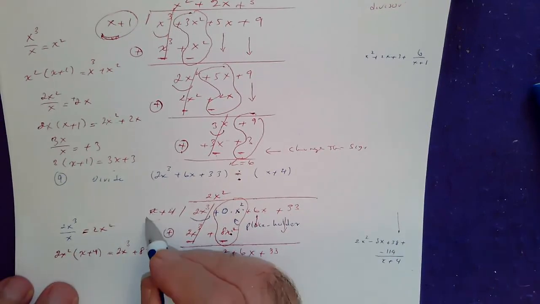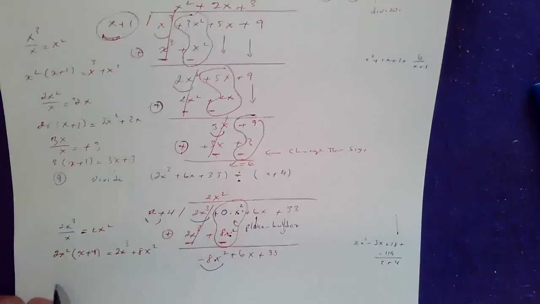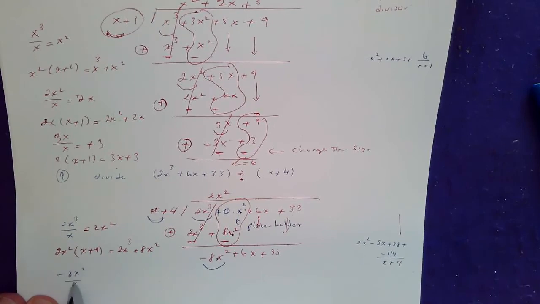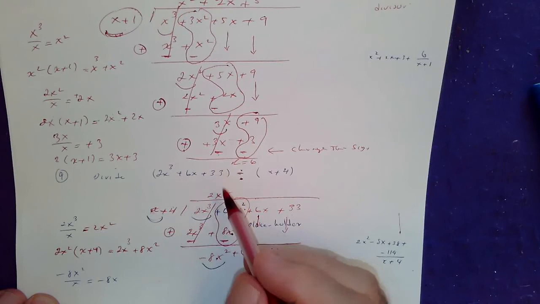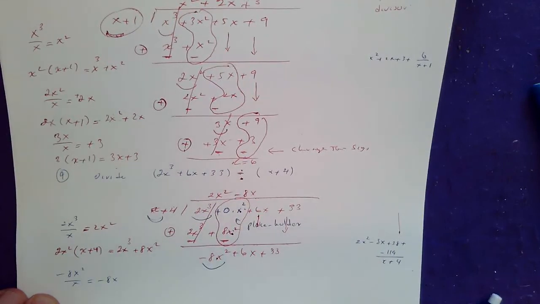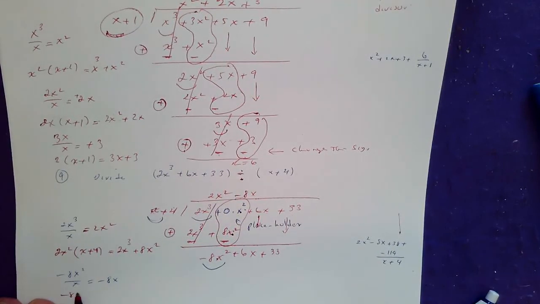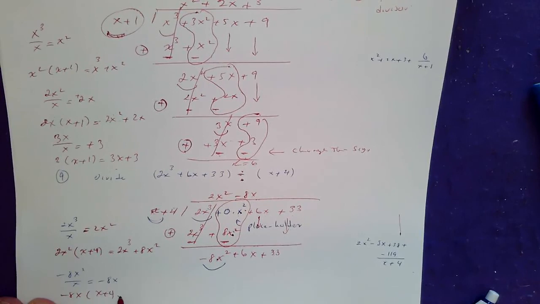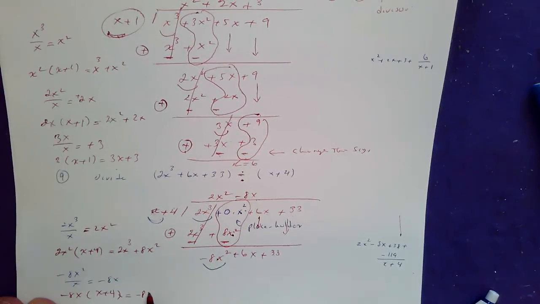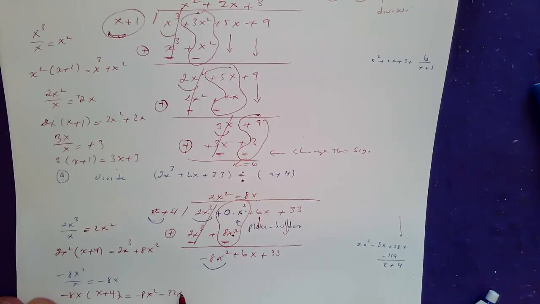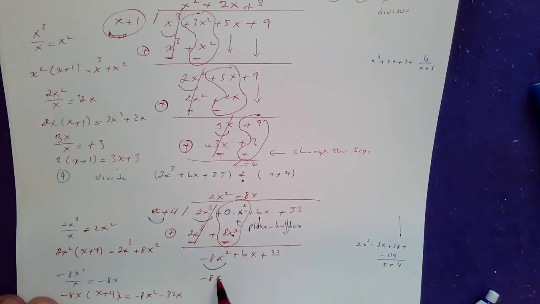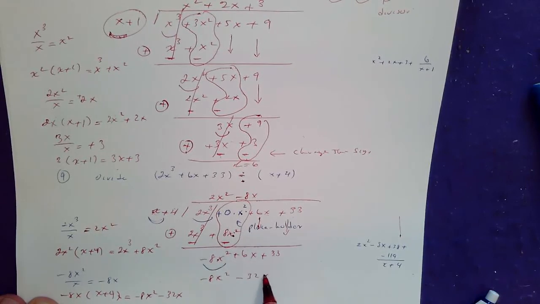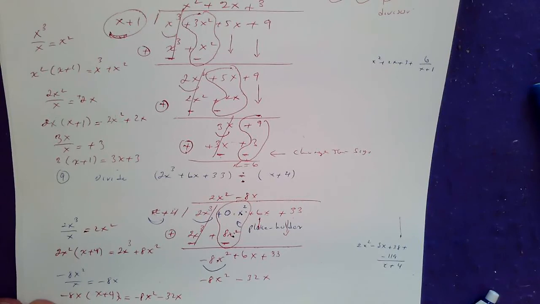So now x goes into negative 8x squared. That would be negative 8x, so that goes and sits right here. Now you multiply negative 8x by x plus 4. That gives you negative 8x squared minus 32x. Is that right?